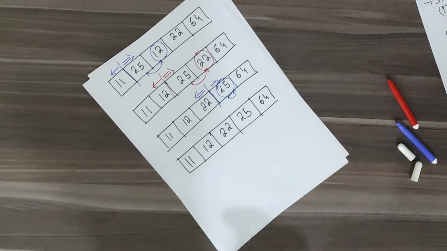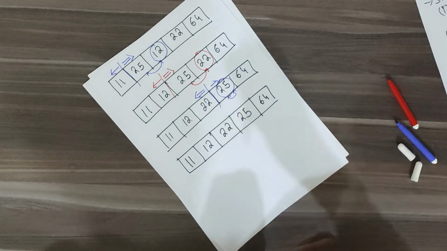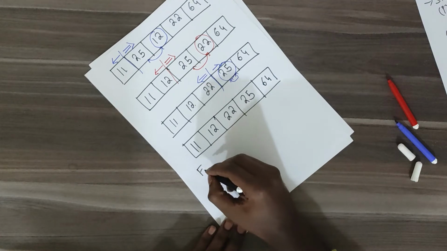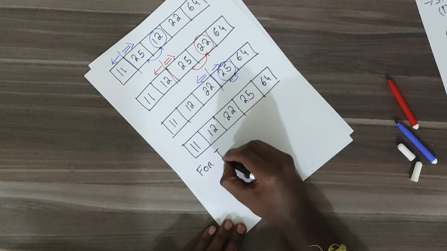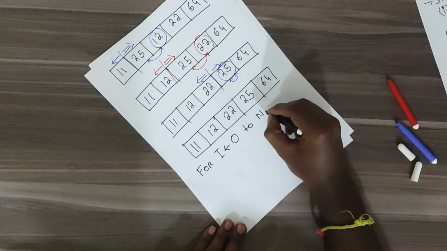Now that we got to know how exactly selection sort works, its math behind it, now let's see the algorithm. So the algorithm here is for i ranging from 0 to n minus 2.